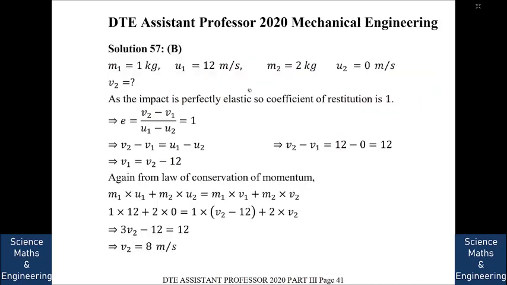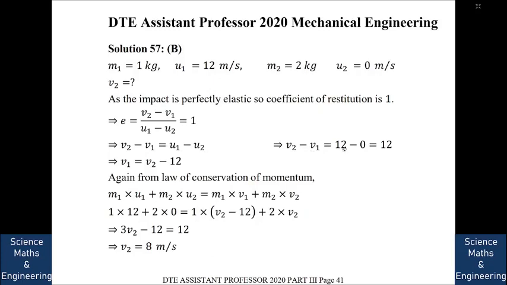So let us see. See, m1 is given, m2 is given, u1 is given, u2 is 0. Now as the impact is perfectly elastic, our coefficient of restitution would be 1. So e is equal to how much? Velocity of separation by velocity of approach. So v2 minus v1 divided by u1 minus u2 is equal to 1, from which we get v2 minus v1 is equal to u1 minus u2.